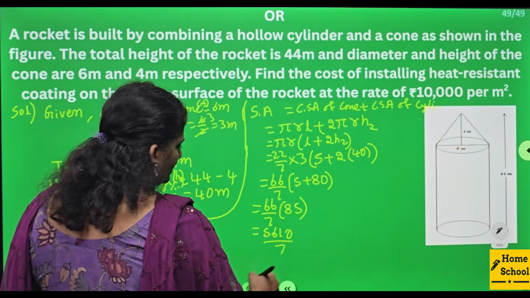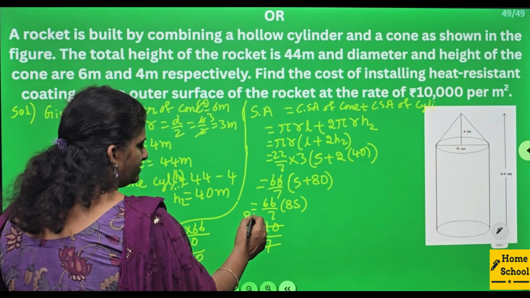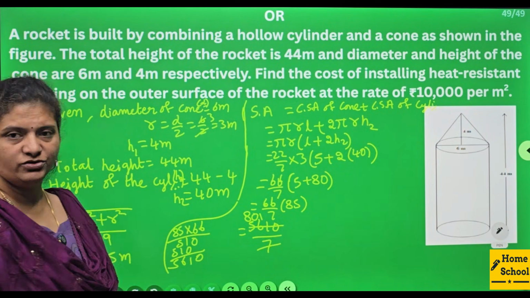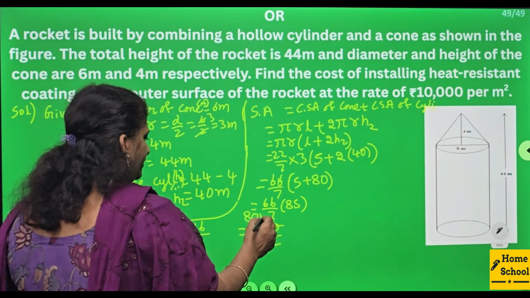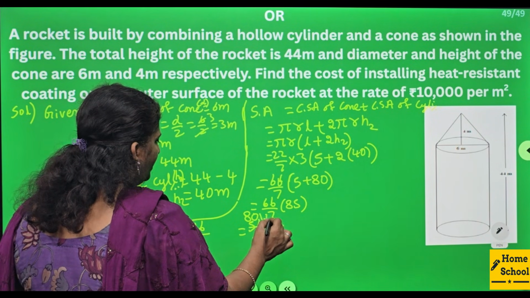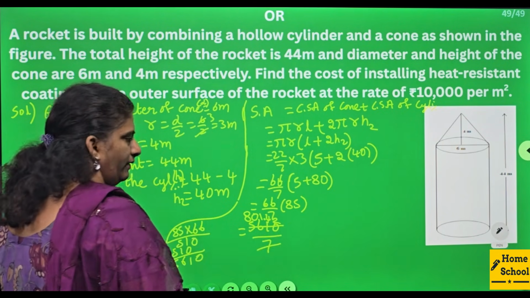7 8s are 56. 0. 10 you have. 7 1s are 7. 3 left. Put a point. So 30. 7 4s are 28. 2 left. 7 2s are 14. Right?